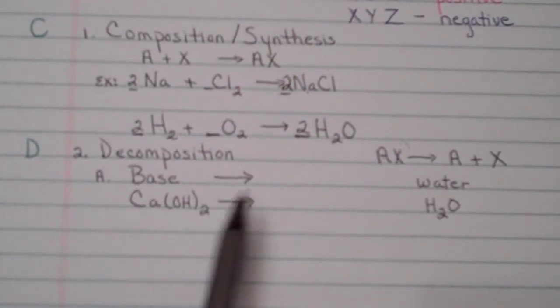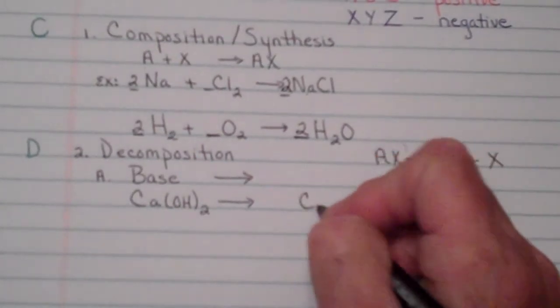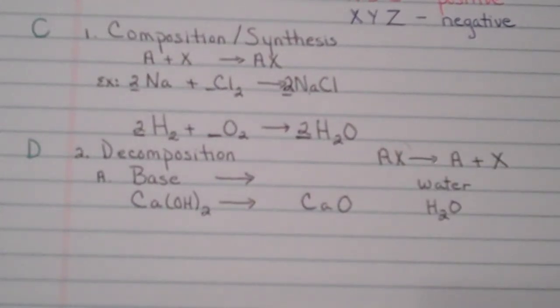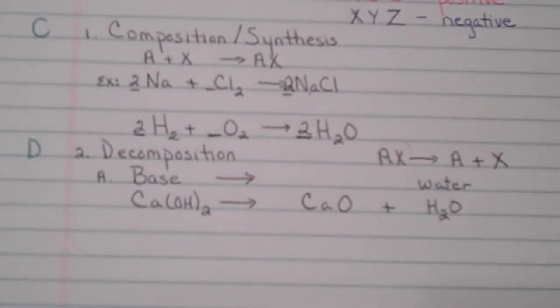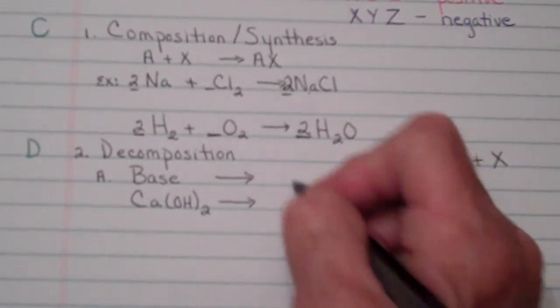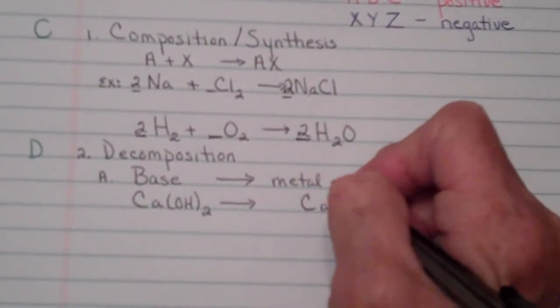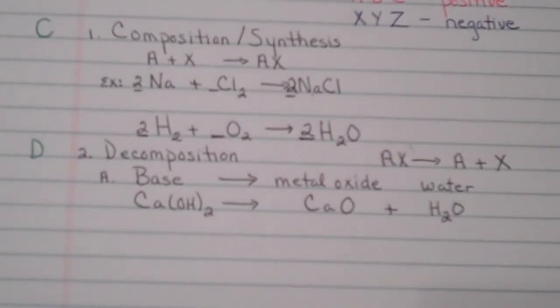If you take out 2 H's, they're all gone. And one of the oxygens, that leaves us with calcium oxide. Calcium oxide. Now, calcium oxide is a metal oxide. So bases decompose into metal oxides and water.